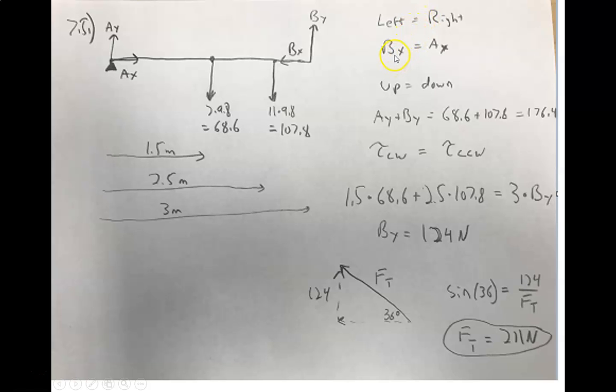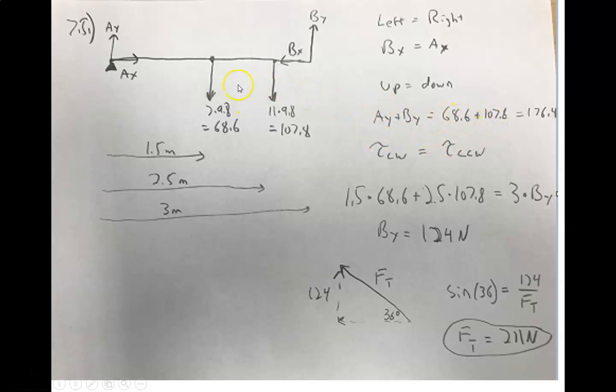That means BX has to equal AX. Those are my only X forces. Ups equals downs. AY plus BY equals my two down forces, 68.6 plus 107.8, so equals 176.4. And the next thing I'm going to do is say my torques clockwise equal my torques counterclockwise. So left equals right, up equals down, clockwise equals counterclockwise.